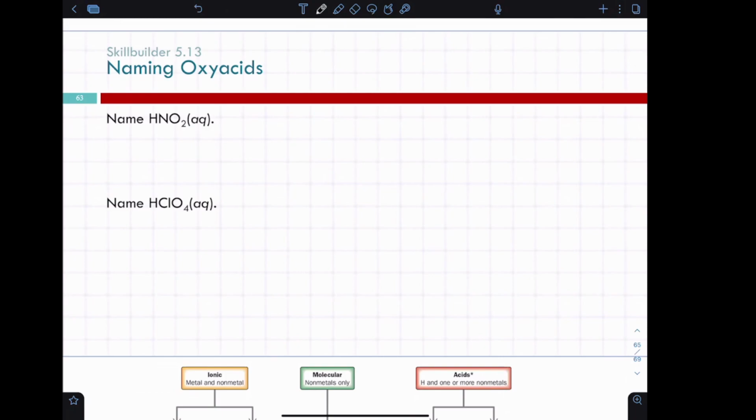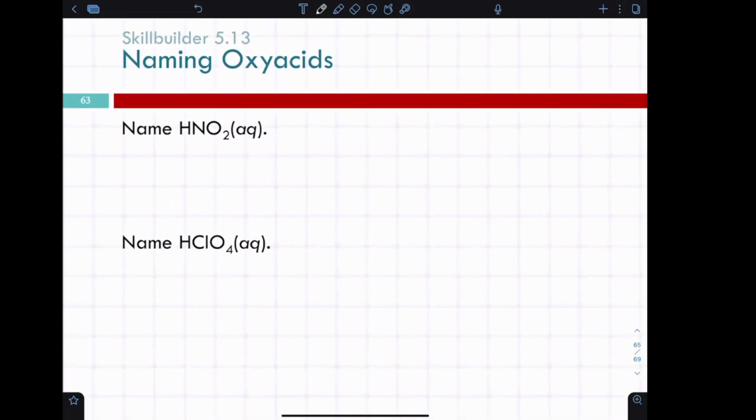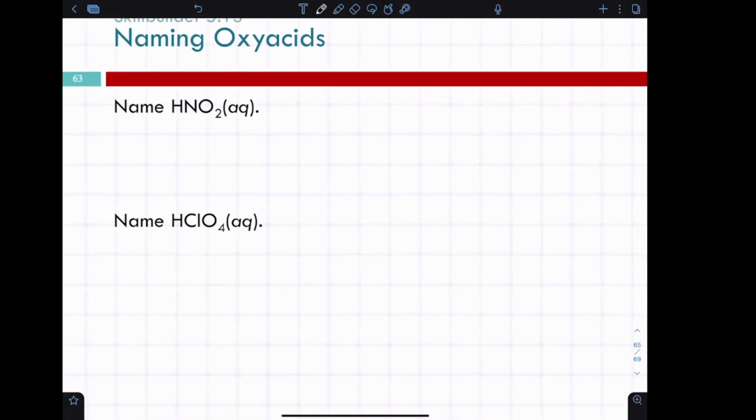So if we're naming these oxyacids, we have HNO2. So how would we name that oxyacid? And we'd start out by figuring out what that base oxyanion is.